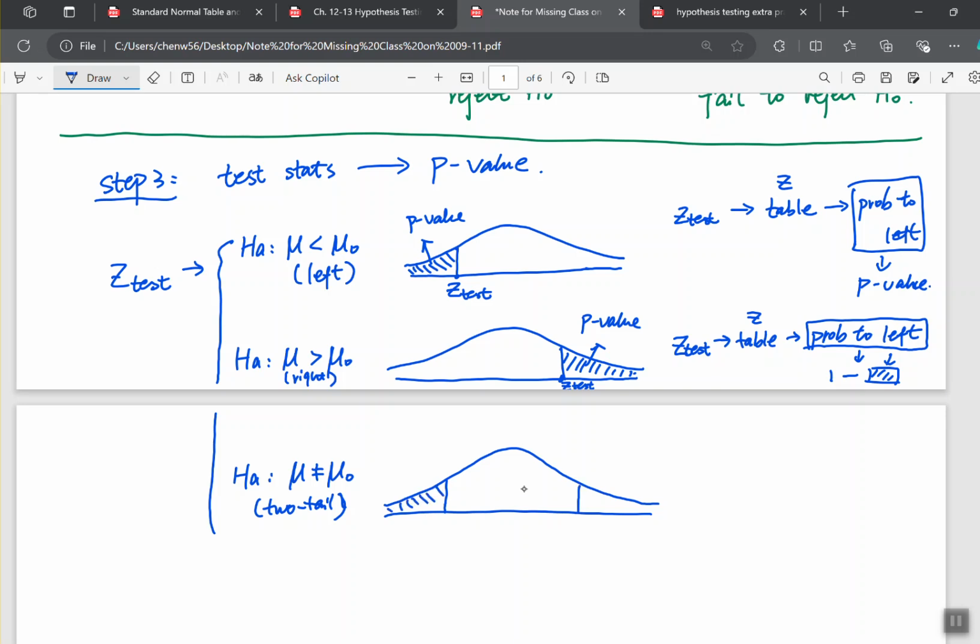Both the left tail and the right tail will be considered, so the p-value will be this tail plus this tail. That will be the p-value here. But the good thing is, remember the standard normal distribution is symmetric about 0, right?